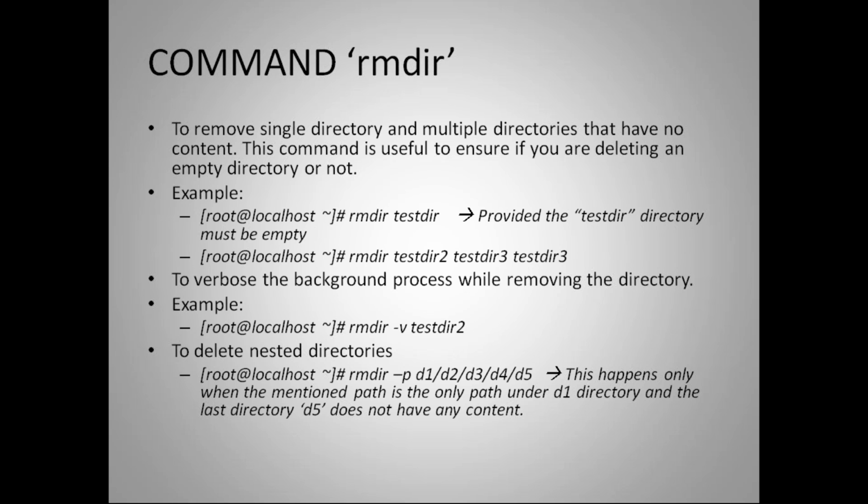Now, I provided an example here. I want to remove directory D1 with the help of the rmdir command. While removing this directory with rmdir, it must not contain any content. That is the definition we discussed until now. Then nested means it will contain some content, a directory inside a directory. So what exactly is the secret behind this?